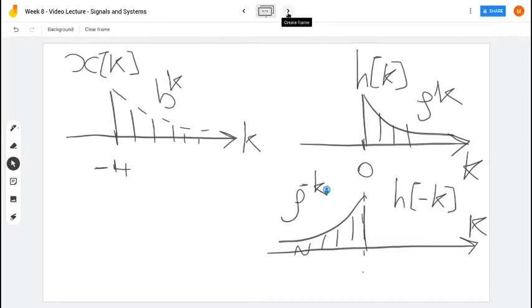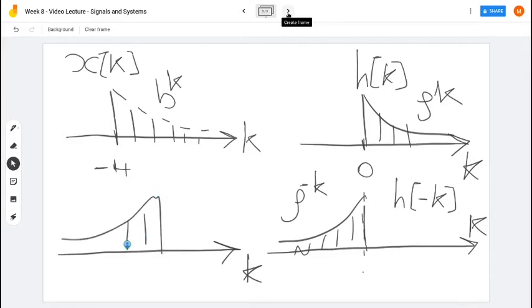And next we'll start shifting this signal h of n minus k such that this 0 will become n, and the expression will be rho to the power n minus k.